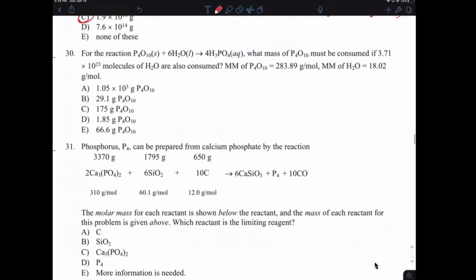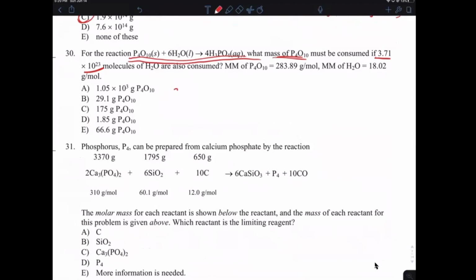We're given the equation. We're told 3.71 times 10 to the 23 molecules of H2O are consumed. First of all, this equation doesn't tell us the molecular ratios. It tells us the molar ratios, right? So if we want to use this as a bridge to get to however many grams of P4O10 are consumed, then we want to be in moles.